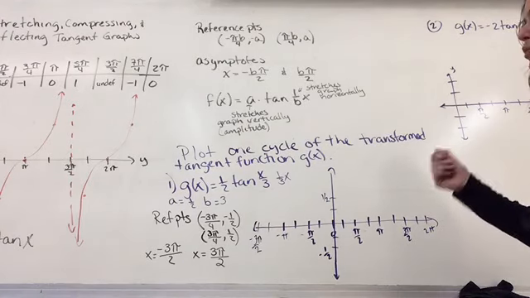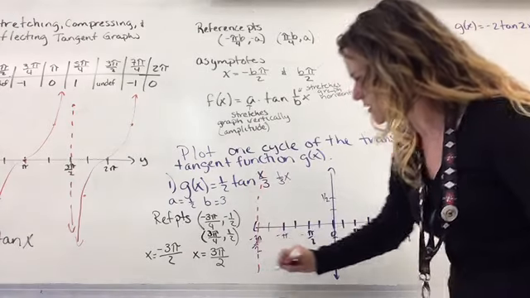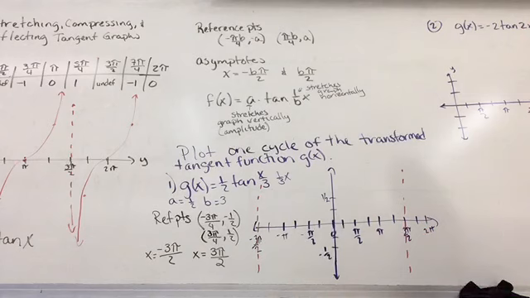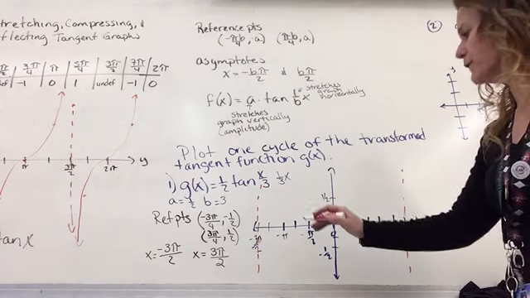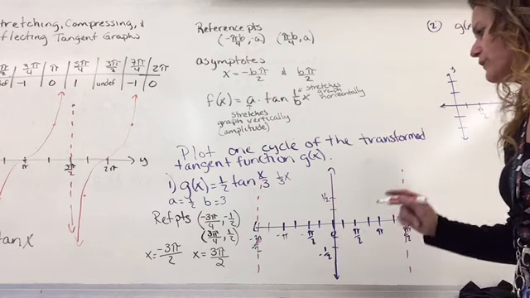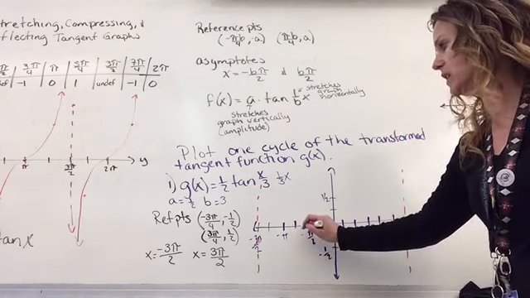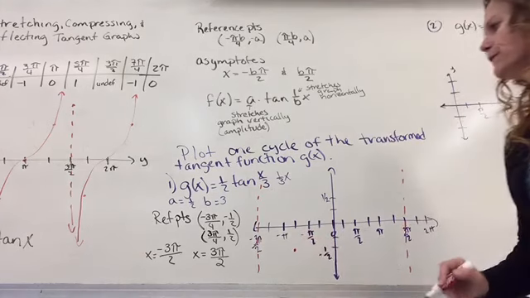And we're going to graph. Put in your asymptotes first. So I know here there's an asymptote. And at positive 3 pi over 2, there's an asymptote. I know that my reference points at negative 3/4 pi. Okay, I want you to think about that. That's going to be here, halfway between. I'm at negative 1/2.